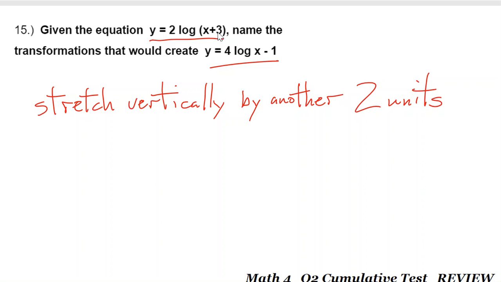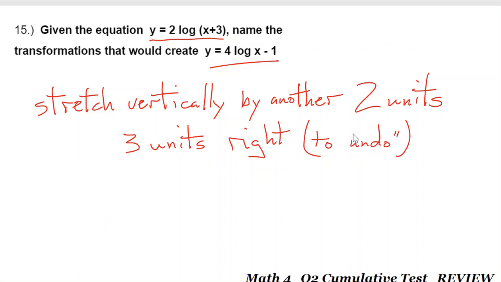That's because the 3 disappeared. Now, when you think about it, x plus 3 in the parentheses does not mean it's moving to the right. It actually means it's moving to the left. So to undo that, I would have to move it back to the right. And then I didn't have a -1, but I do now, which means I'm going down 1 unit.